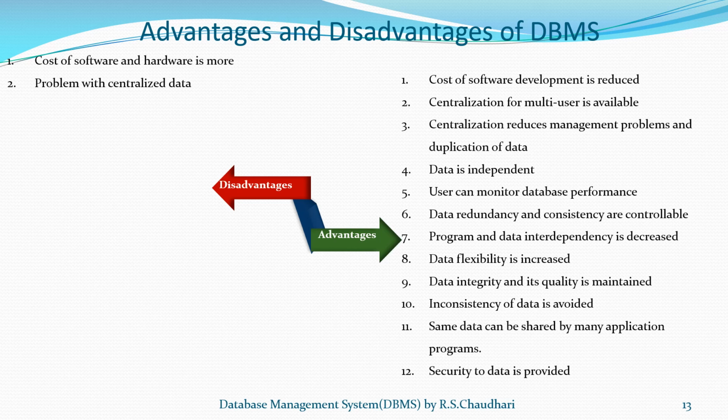That problem is when our data is centrally located, and when that central database management software gets, that server is not functioning properly, so all our data goes down. So multiple users can't access that data because of centralization.